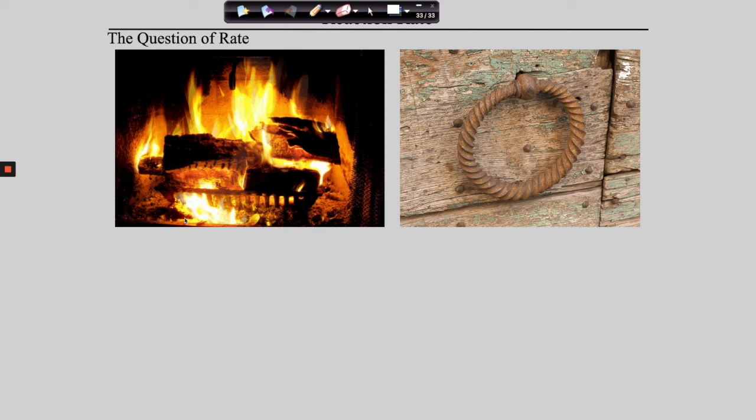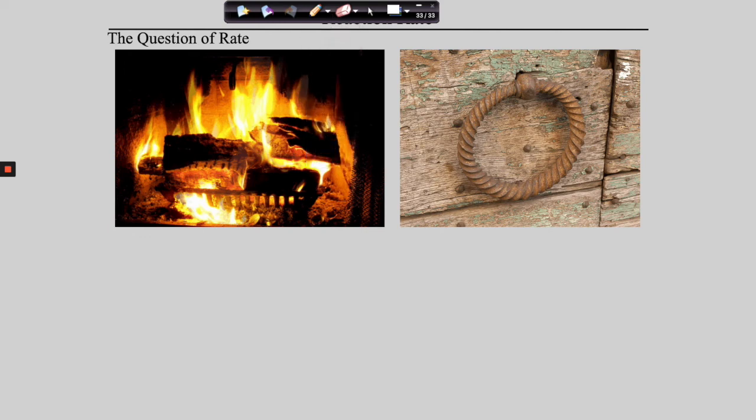Okay, now that you've had the opportunity to talk about this, let's talk together about why the reaction on the left is faster. So guys, let's talk about our options. In order for a reaction to go faster, it's temperature, concentration, surface area, and catalysts. So guys, let's do temperature first.